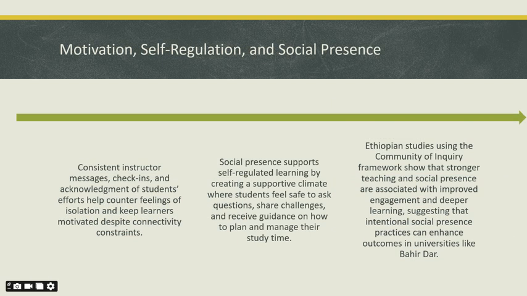So, strong social presence has a direct impact on student motivation and self regulation. When students feel that the instructor is attentive and their classmates are active, they're more willing to participate, ask questions, and persist when the course is challenging. And, of course, our presence can also model self regulation. For example, when we provide weekly overviews and set clear milestones, we show students how to plan their work.